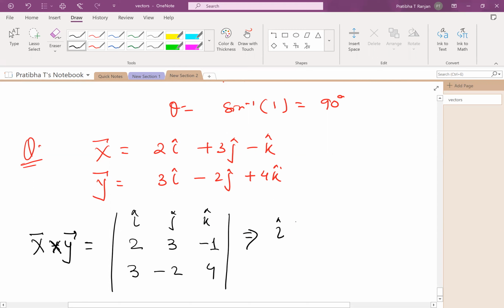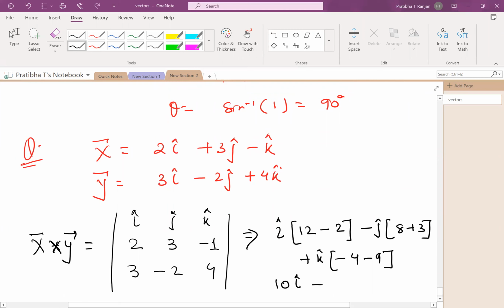So for i, 4 times 3 is 12, minus 2, so 10 i cap; minus j, minus 8 plus 3, so minus 11 j cap; and plus k, minus 4 minus 9, so minus 13 k cap, right?